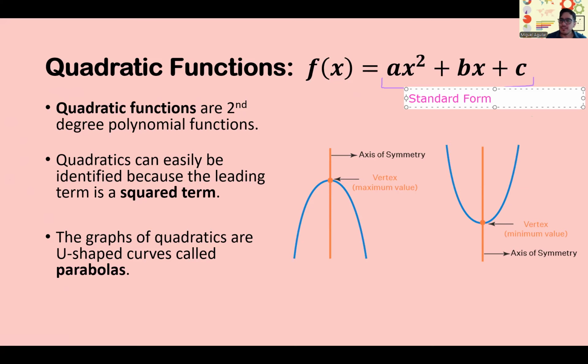Standard form. But this shouldn't be a new concept, right? Because since we've been factoring polynomials and factoring quadratic trinomials and solving quadratic equations, whenever we had ax squared plus bx plus c equals 0, we call that standard form. So this isn't new.